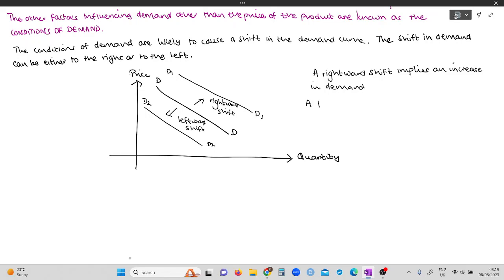A leftward shift implies a falling demand. Maintenant, we will go and see what are the several factors that could imply a fall in demand or an increase in demand.